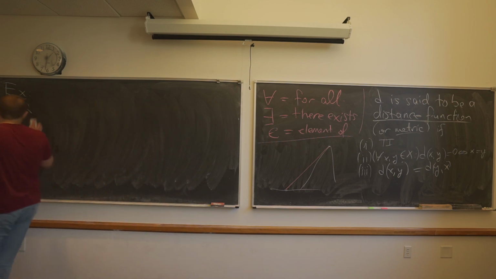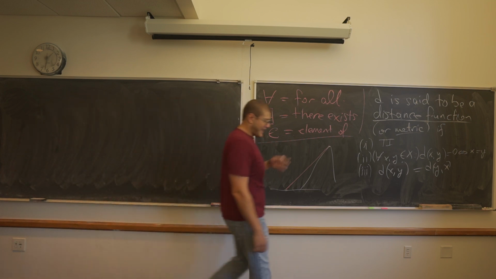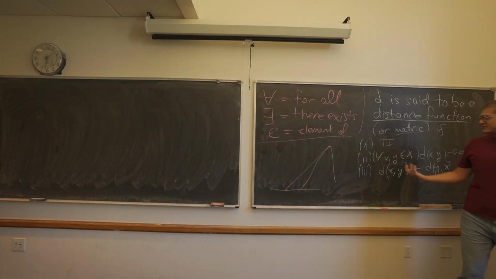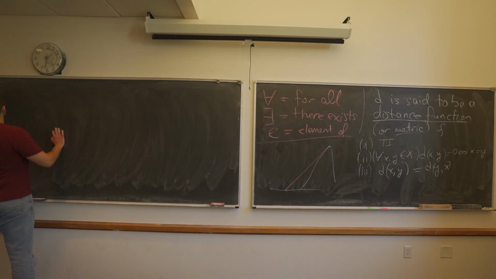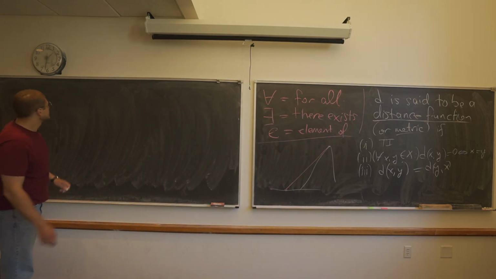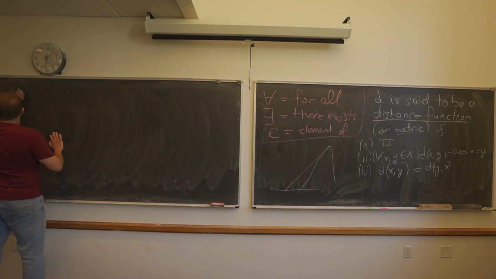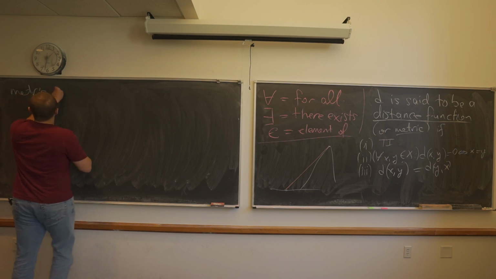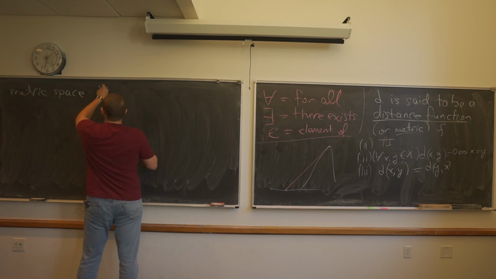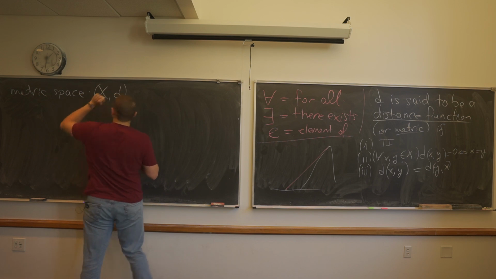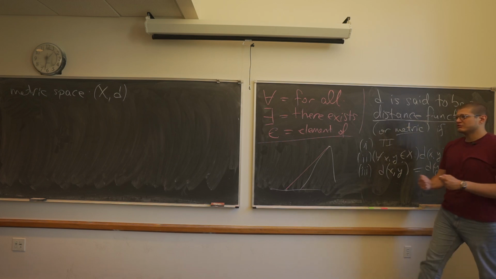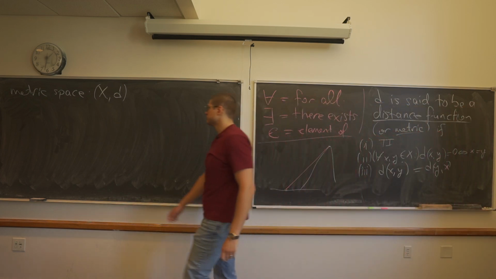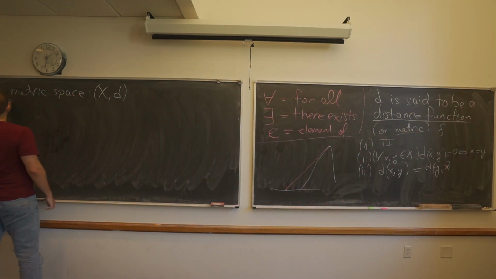Before examples, let me just add one more definition. Of course, a pair (X, d), where X is a set and d is a distance function or metric on it, is a metric space. That's the definition. Okay. So you have a bunch of things, and you also have a notion of distance that you can use to talk about distances between points in that. So that's the definition.